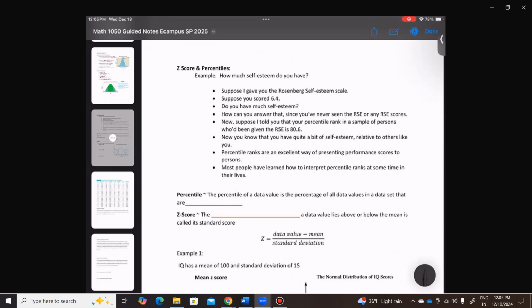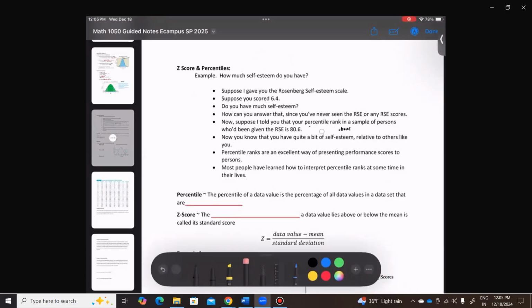What that 80% means is, or let me state it a different way, you're above 80.6% of all people. Which is quite a few people.